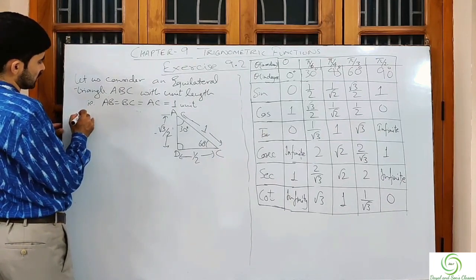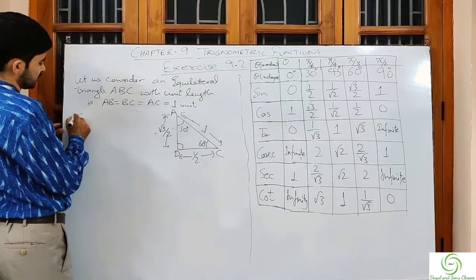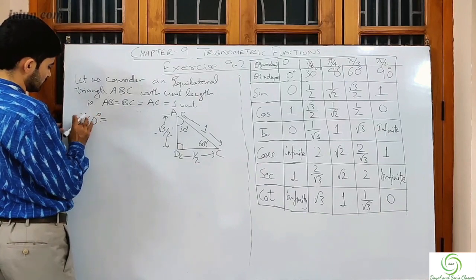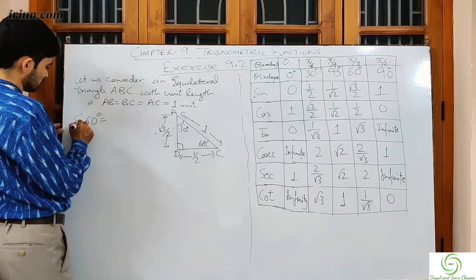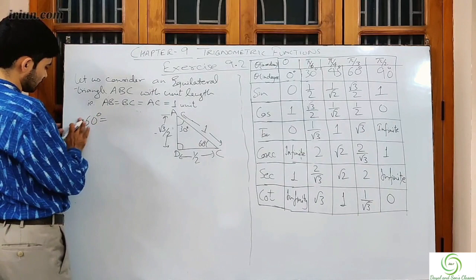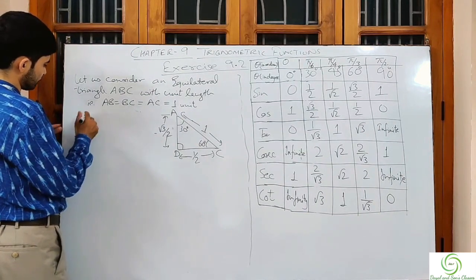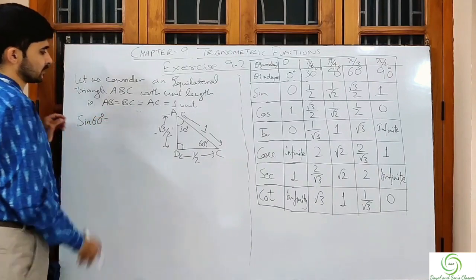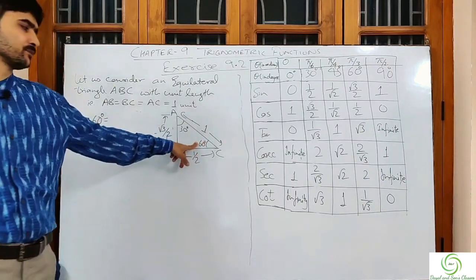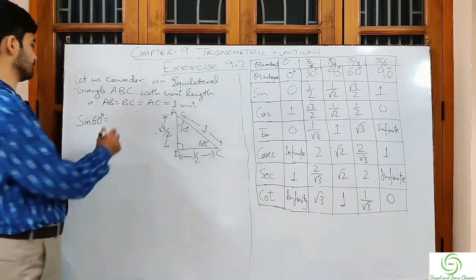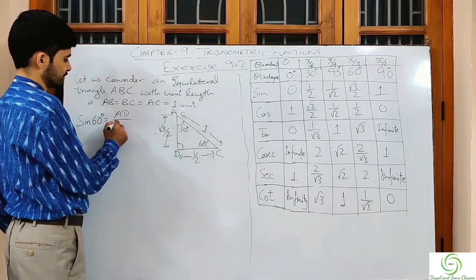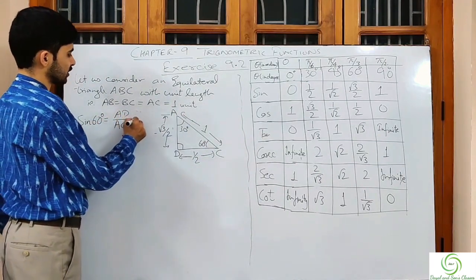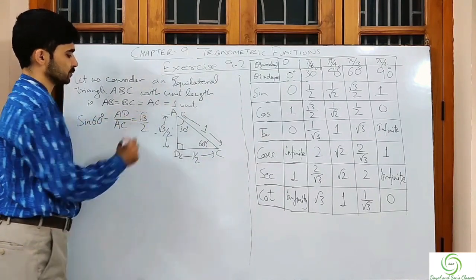Okay, now let us find sine 60 degree. For sine 60 degree, for this angle, the perpendicular is AD. So AD upon AC, the hypotenuse, is equal to root 3 by 2.